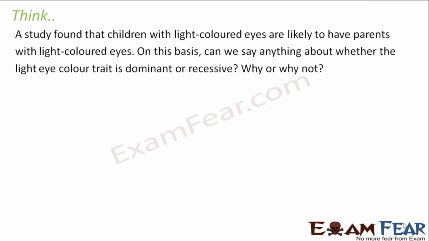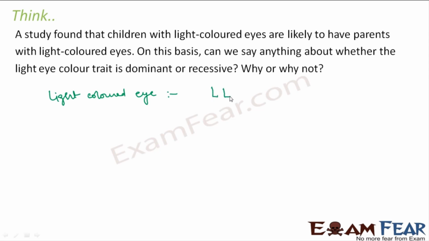A study found that children with light colored eyes are likely to have parents with light colored eyes. On this basis, can we say anything about whether the light color is a dominant trait or a recessive trait? Why or why not? First of all, when I say light colored eye, how can a light colored eye be denoted?